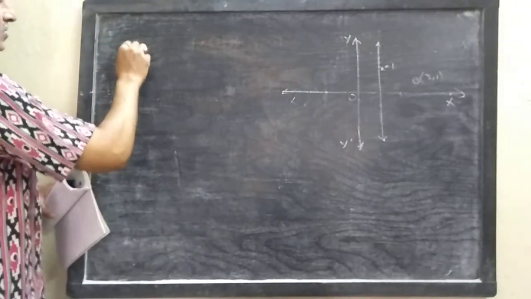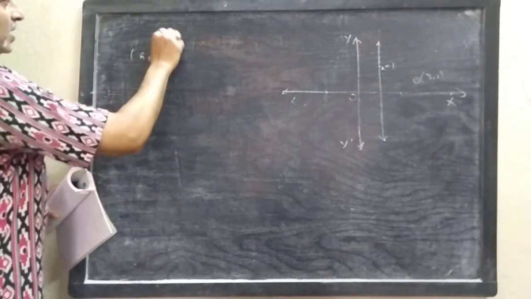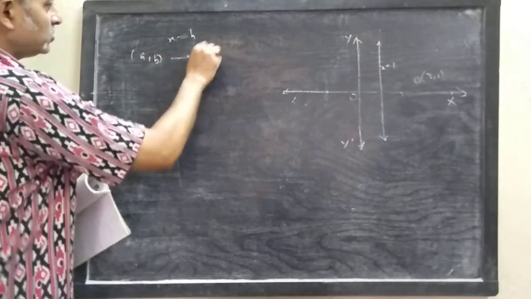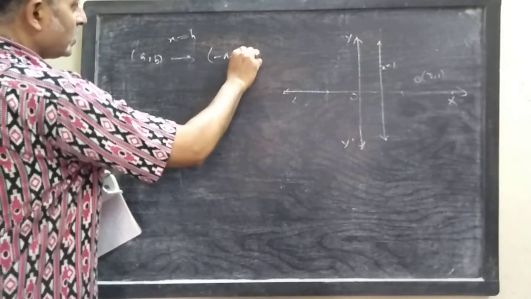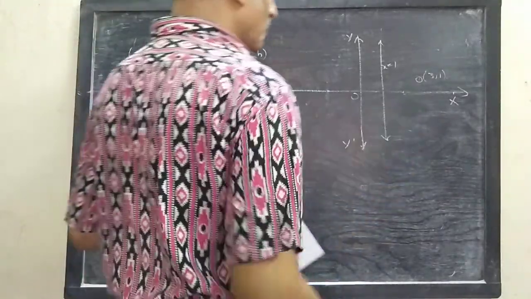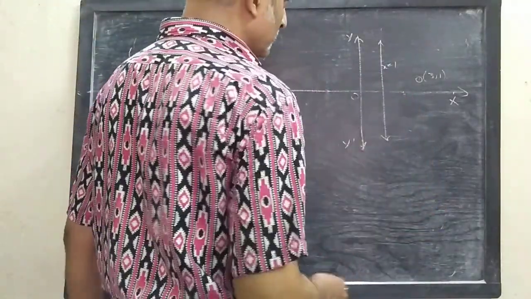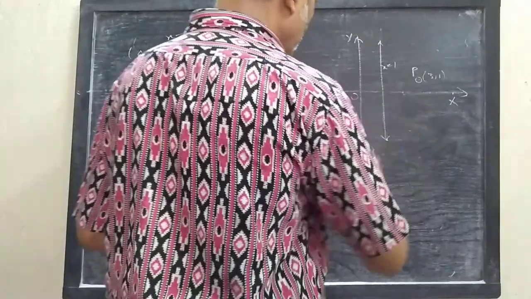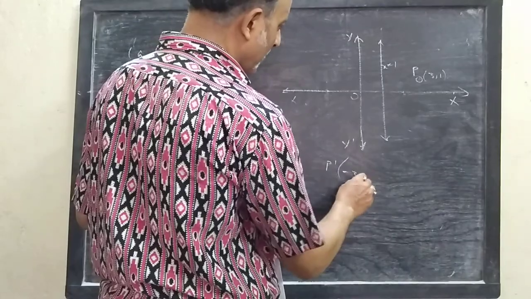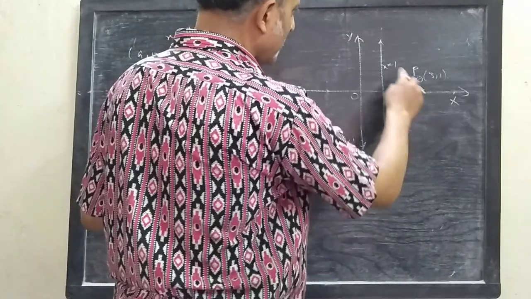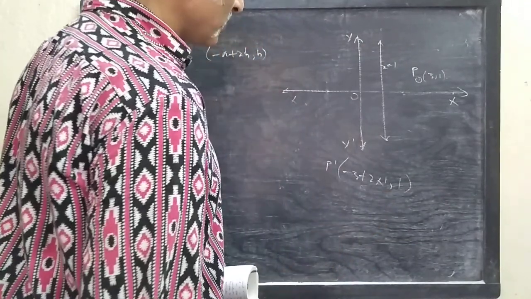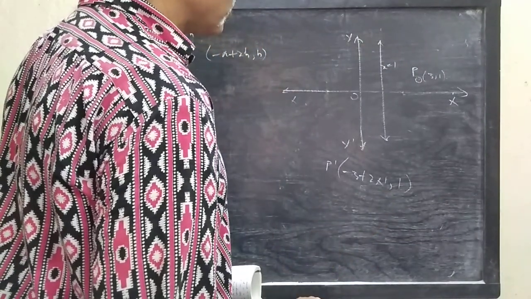Go to the formula. Point (a, b) after reflection in x equals h goes to (minus a plus 2h, b). So here the point is (3, 1). When it is reflected in x equals 1, say this is P. After reflection, if it goes to P dash, its coordinate will be minus 3 plus 2 into h, which is 1. So it becomes (minus 1, 1).